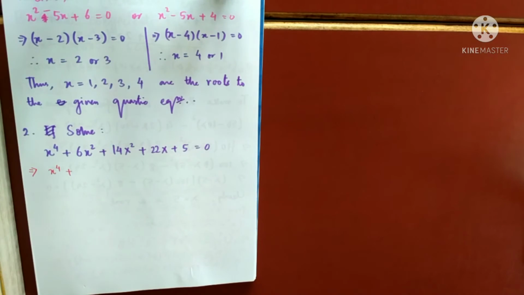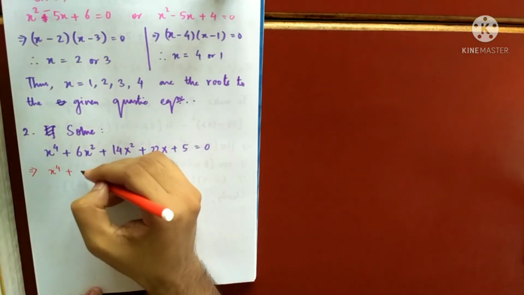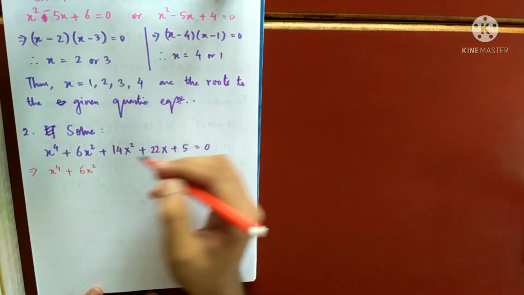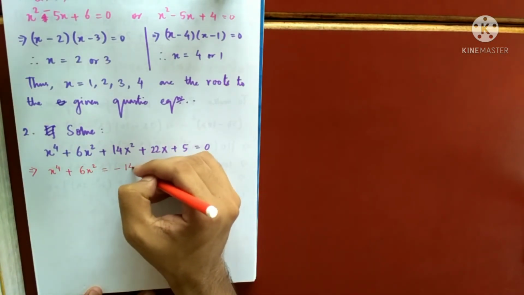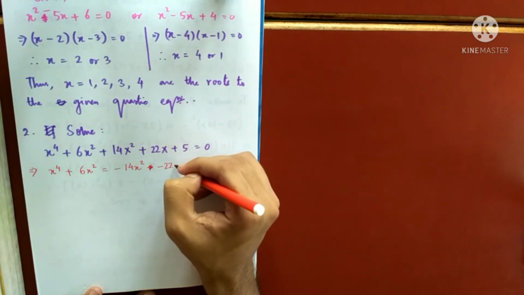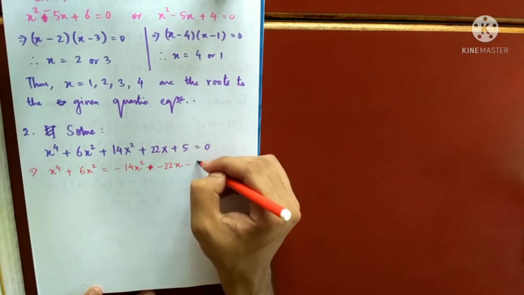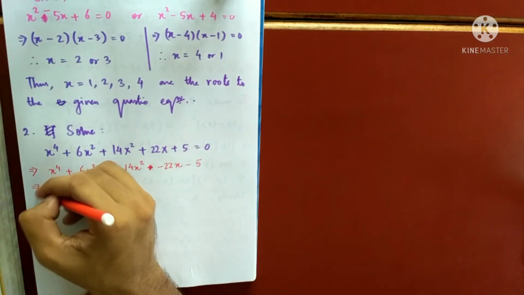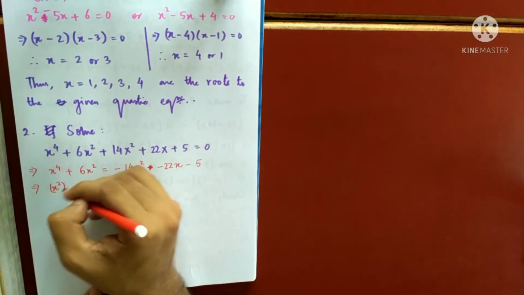This is the reason I'm taking 1, because that step is not required here. I will do those kind of questions in the next class. So 14x square, sorry, minus 22x. Be very careful with the calculations. Minus 5. You want to make this a perfect square.